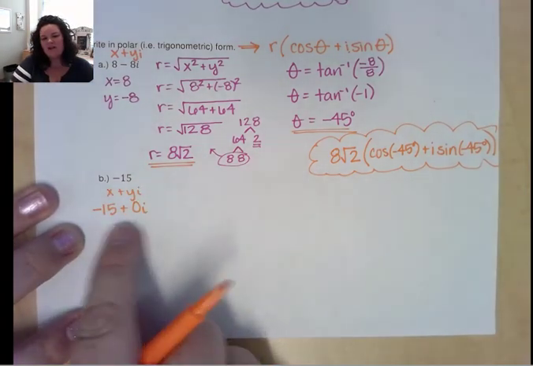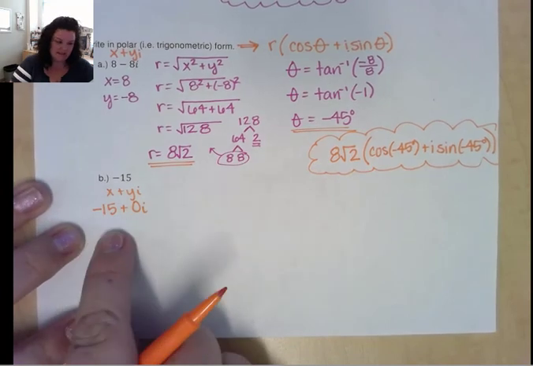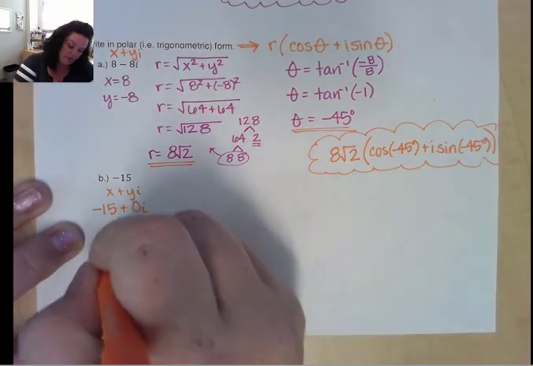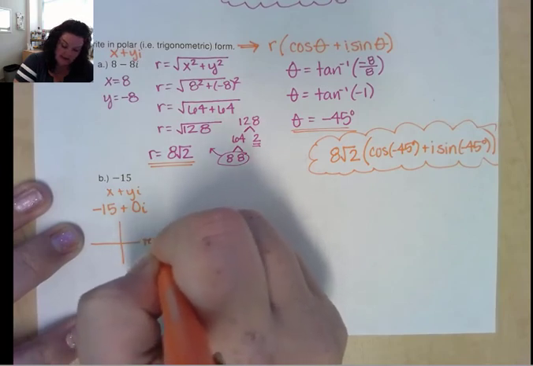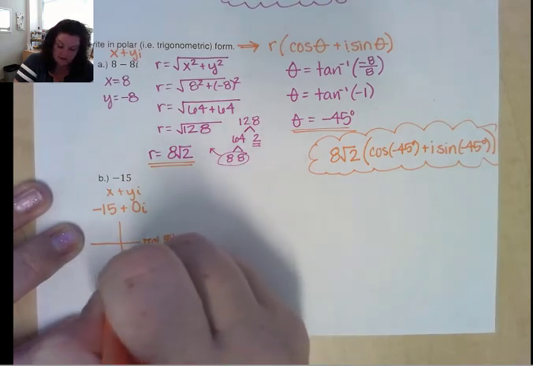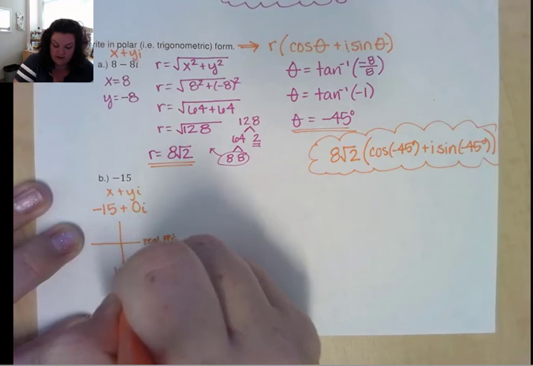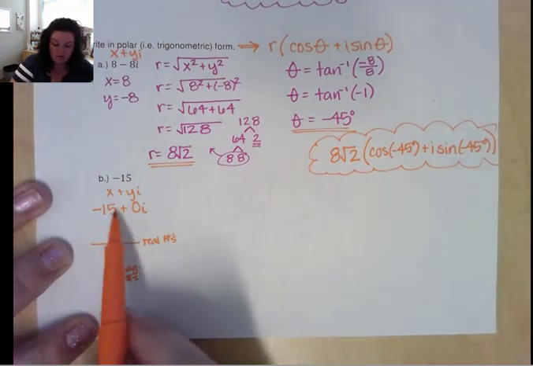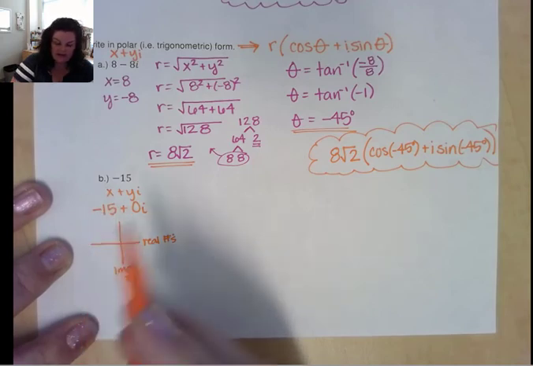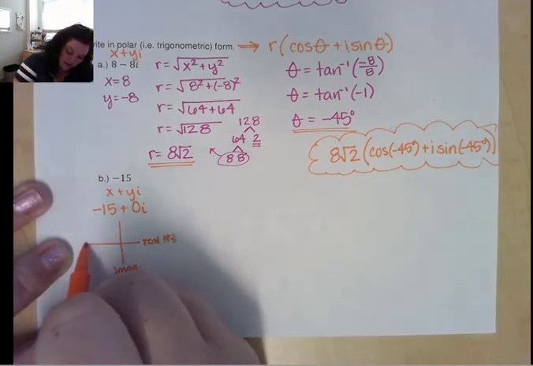If I wanted to visualize this, I'm using the x-axis for my real numbers and the y-axis for my imaginary numbers, and I wanted to graph this, my real number is out at negative 15. So I would go way out to wherever negative 15 is.